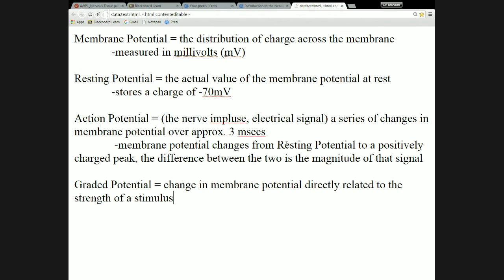It might be the difference between 100 millivolts. Well, no, it's not going to be 100 millivolts. It might be the difference between a 20 millivolt change in potential versus a 2 millivolt change in potential. It's graded. It's directly linked to how strong the stimulus is.